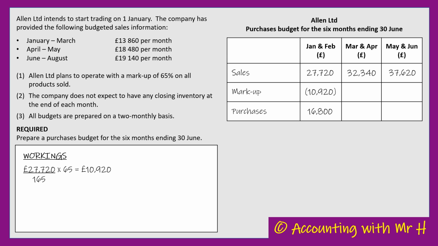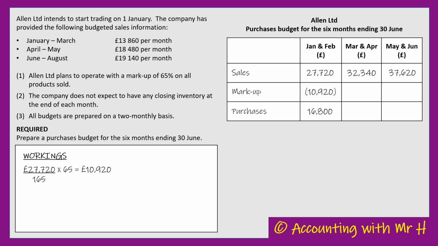You can always double check it, because if you take the purchases that we've got now of £16,800, if you add on 65% to £16,800, then you will get 27,720, which is the revenue figure. So there's quite often a quick way of double checking things.